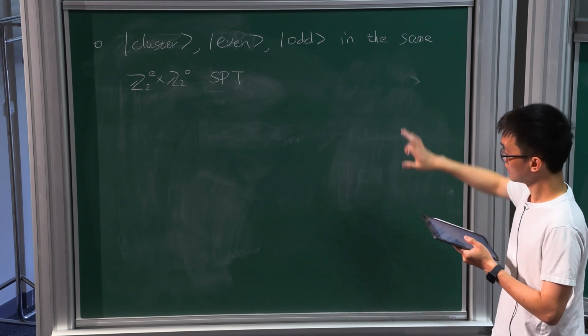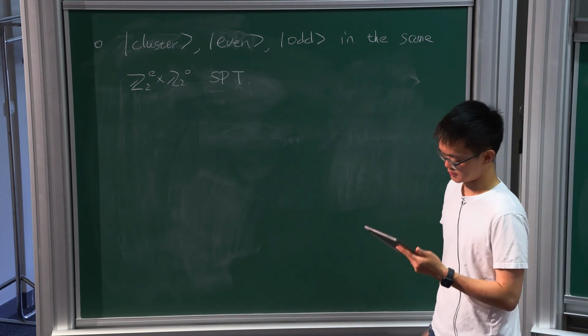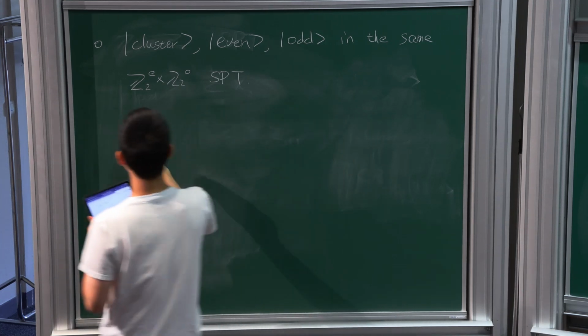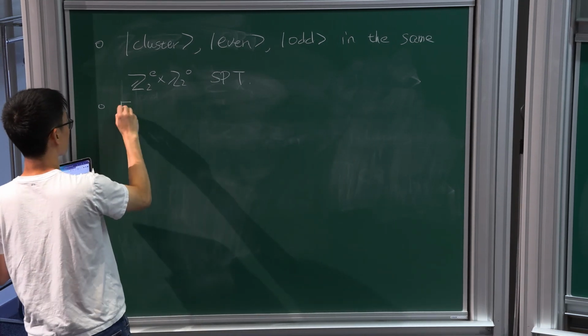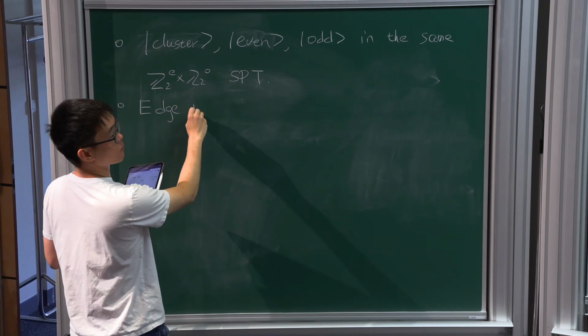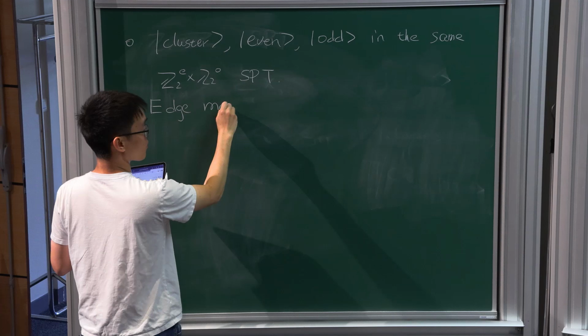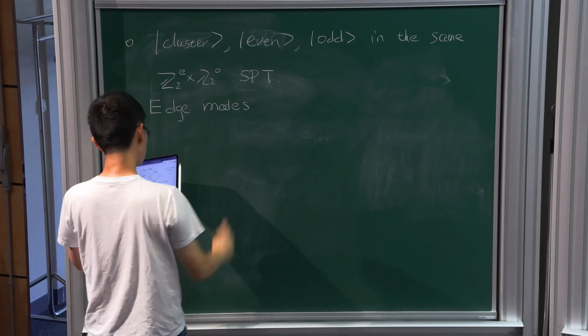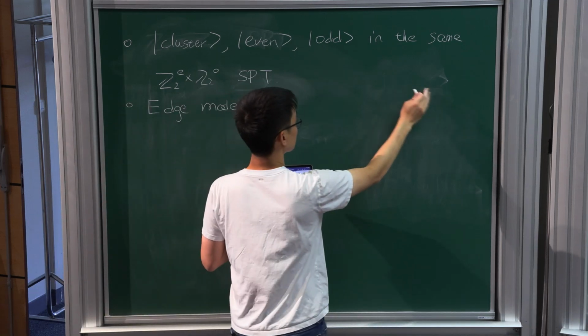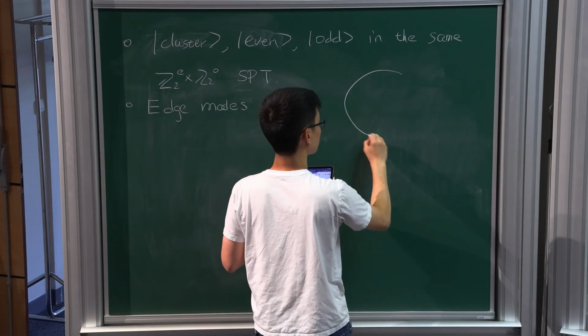Okay. And let's see that more explicitly. As we discussed for the invertible SPTs, one way to distinguish them is to look at the edge mode. So now I'm going to put the system again on a closed periodic chain.